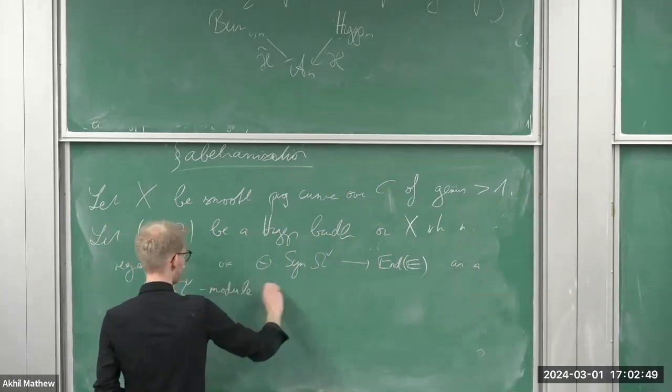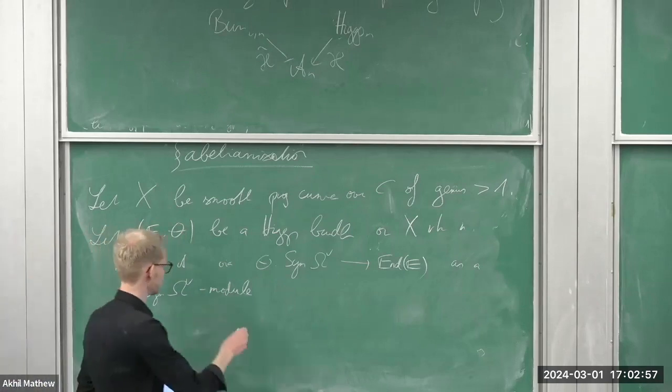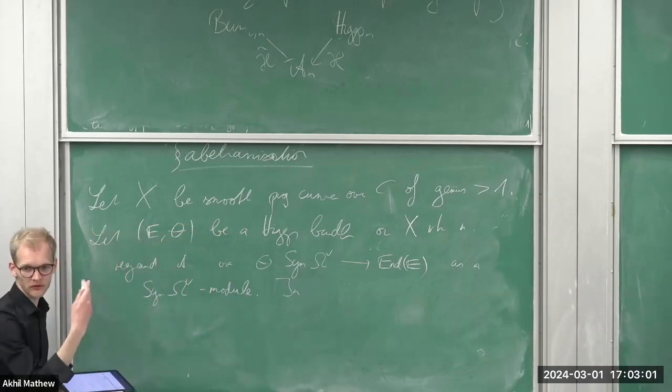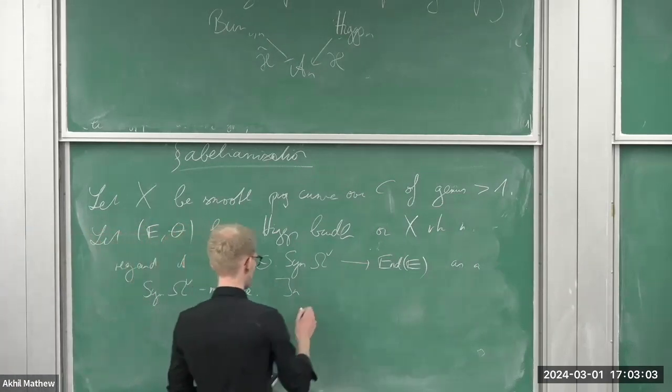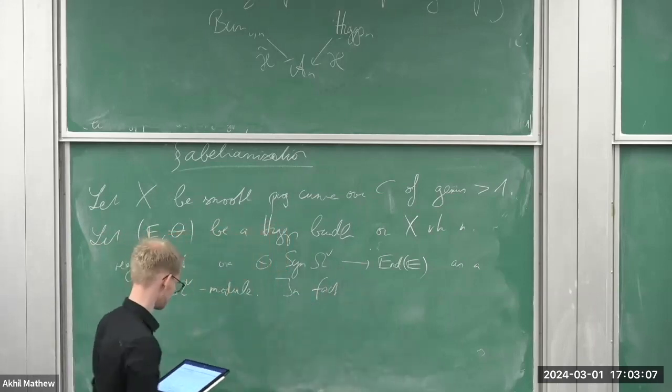So this is just to say geometrically that E now becomes a coherent sheaf on the cotangent bundle. It's in fact perhaps a good description of what the Higgs bundle is anyway. But in fact, we can be slightly more precise.